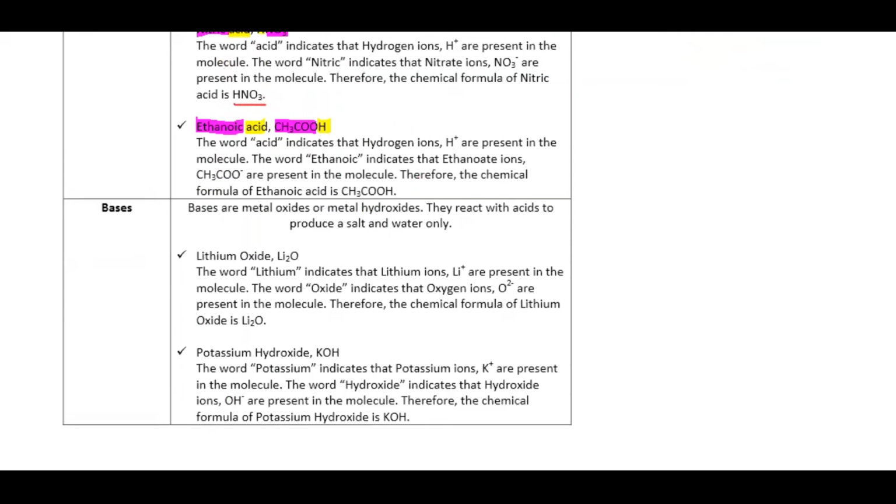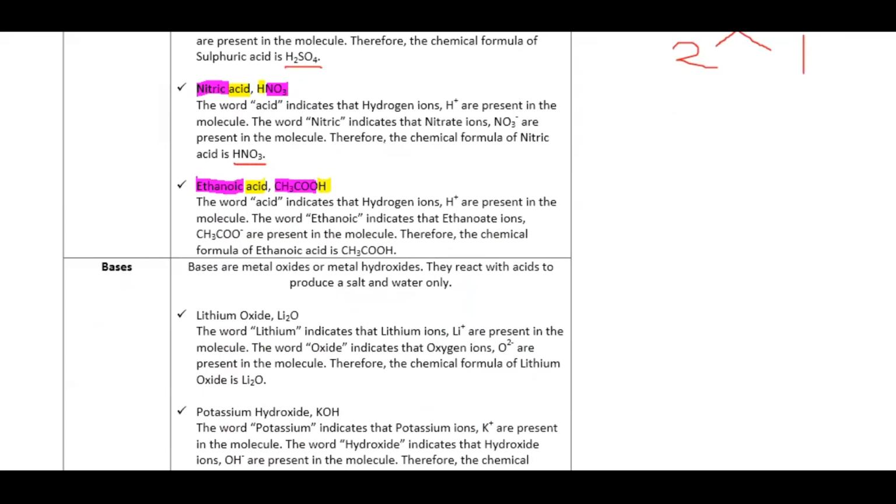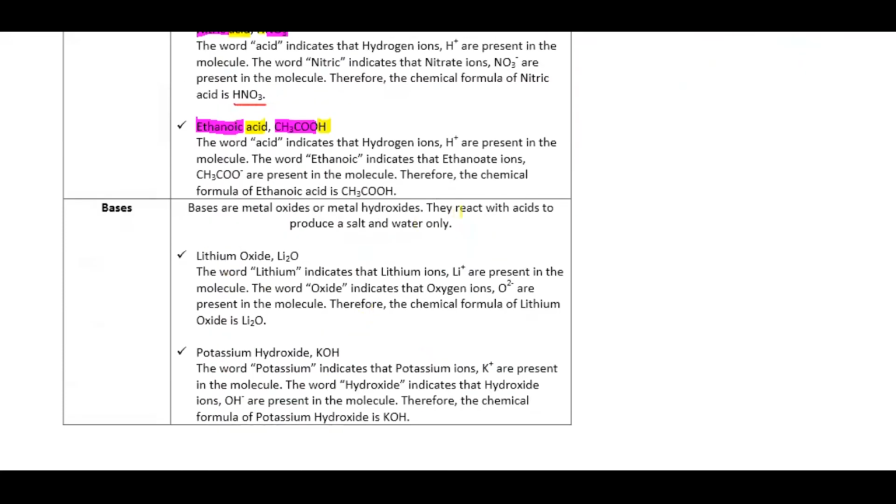Okay, so finally we come to the naming of bases. So what are bases? Bases are basically oxides or hydroxides. So for example, lithium oxide is a base because it consists of an oxygen atom.